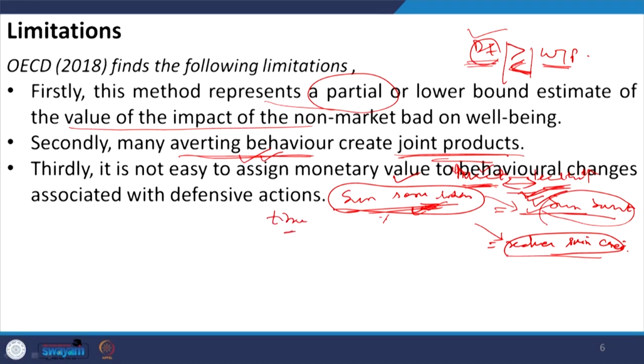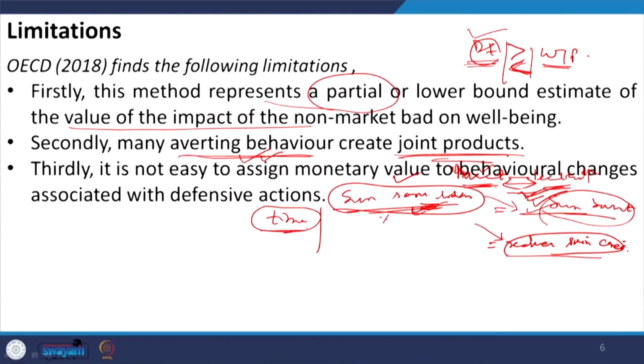When you are saying this averting expenditure or defensive behavior, it can be in terms of either time or in terms of purchasing some goods or techniques or some technology to avoid the particular environmental bad, right. And when this averting behavior is expressed in terms of time, right, then this time can be monetized, expressed in terms of monetary valuation, by taking into account the value of time for those individuals.